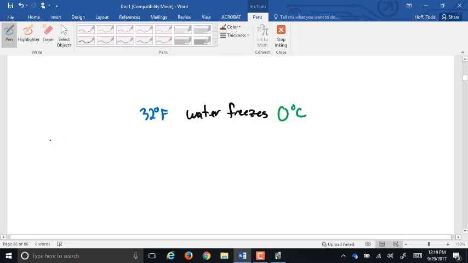So we have your degrees Celsius from Fahrenheit. So from Fahrenheit to Celsius. To get the Celsius temperature, you take your Fahrenheit temperature, you subtract 32, then you multiply by 5/9.